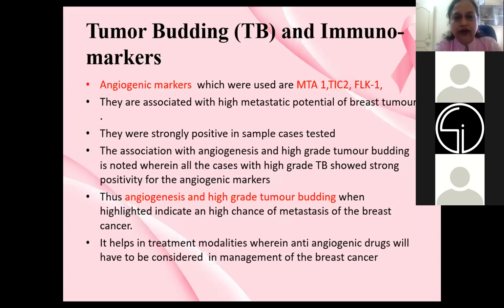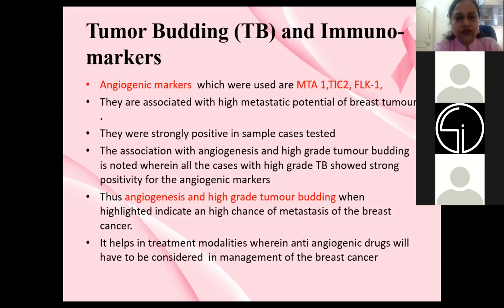So as we go ahead, besides the regular markers, angiogenic markers which we have used are MTA1, TIE2, FLK1. These markers are known to be associated with high metastatic potential of breast tumor. And we found that they were strongly positive in the sample cases which we have tested.